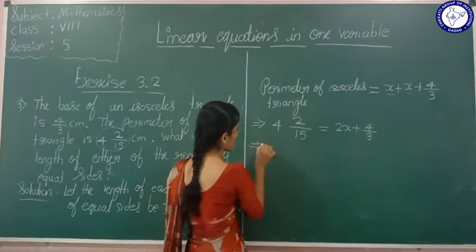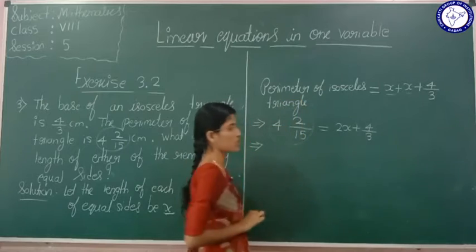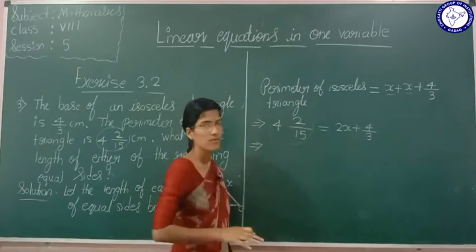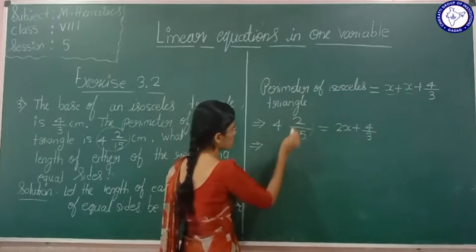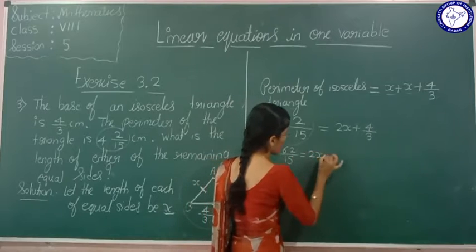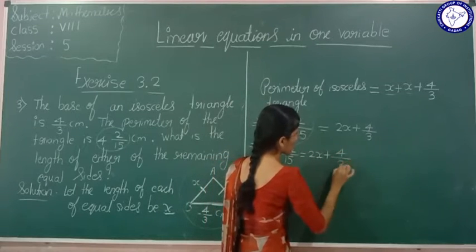So this implies, this is in a mixed fraction. Convert into an improper fraction. 15 4s are 60. 60 plus 2 is 62 by 15 is equal to 2x plus 4 by 3.